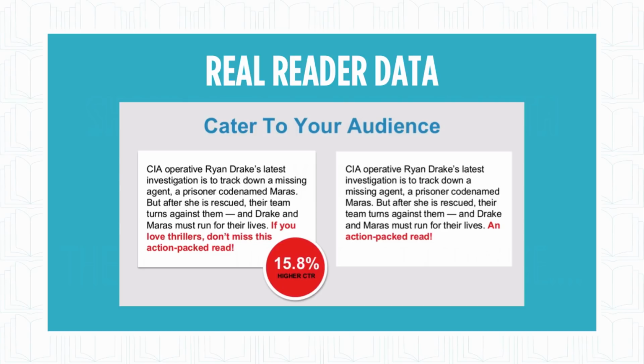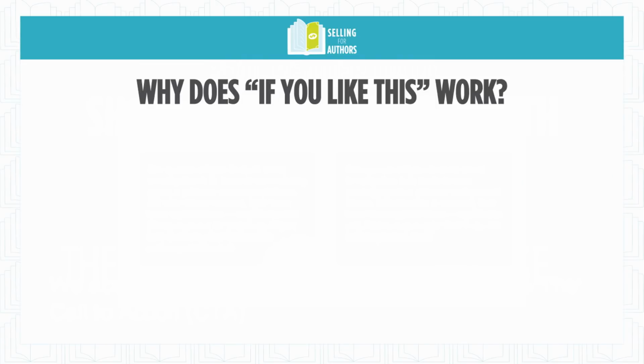So if you like this, then you'll love that, is a framework that, in this case, got nearly 16% higher click-through rate. And if you have 16% higher clicks on your sales page, that's 16% more people buying the book. That is a percentage I want.